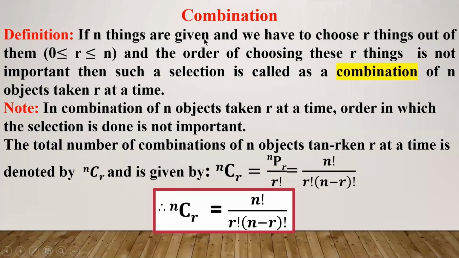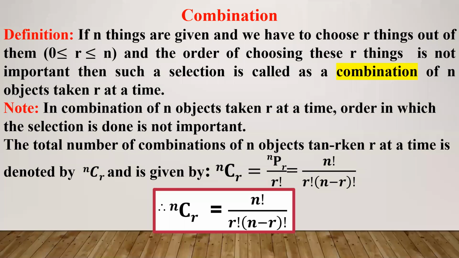If n things are given and we have to select or choose r things out of them, and the order of choosing these r things is not important, then such a selection is called a combination of n objects taken r at a time.